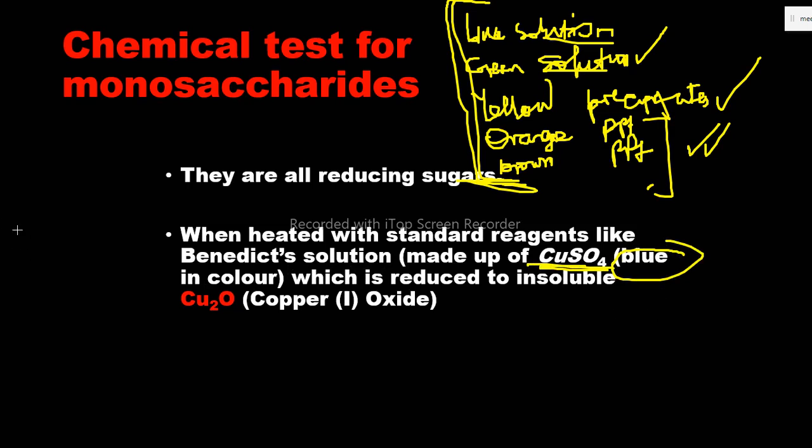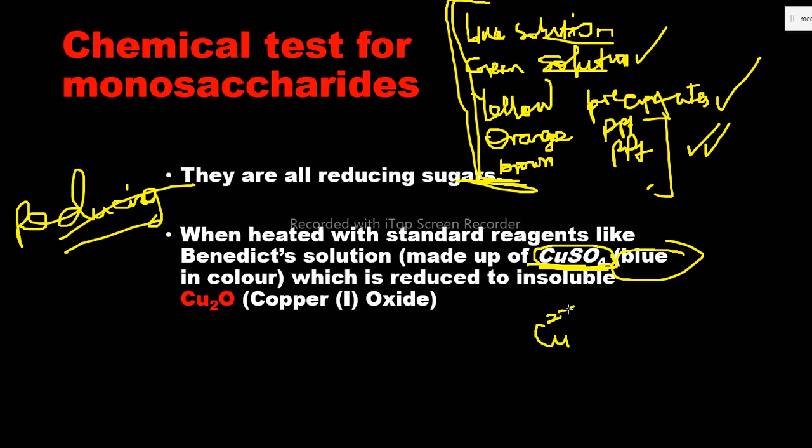Since all these monosaccharides are reducing agents, when you react them with Benedict's solution, they will reduce the copper 2 sulfate, which is the blue color of the Benedict's solution. In copper 2 sulfate, the oxidation state of copper is copper 2, and it will be reduced to copper 1.